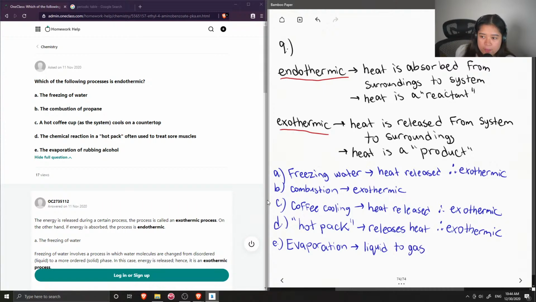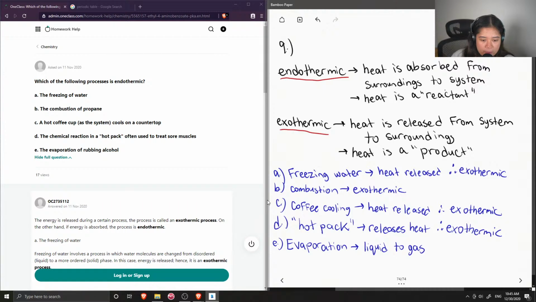So if we think about the conversion of liquid water to water vapor, when we boil the water, then this converts liquid water to a gas. So we can say the same thing about just the evaporation of rubbing alcohol.